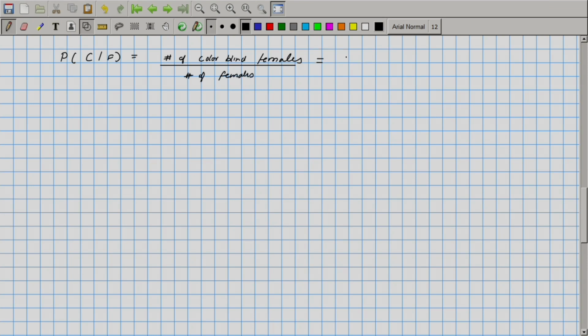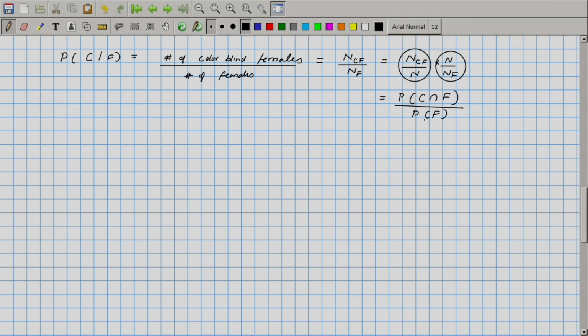So, we can say that this is n_Cf divided by n_f, which we can rewrite as n_Cf divided by n into n by n_f, and that is just the probability of C intersection F divided by probability of F. Okay.